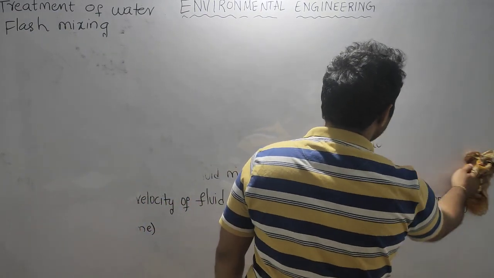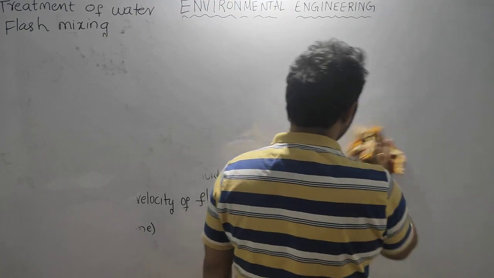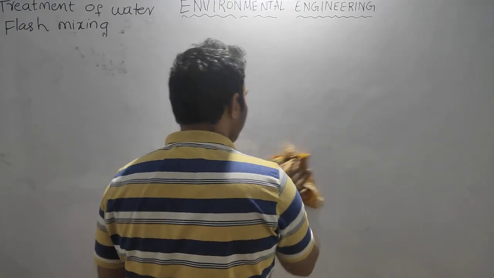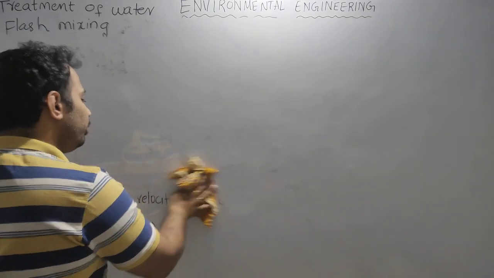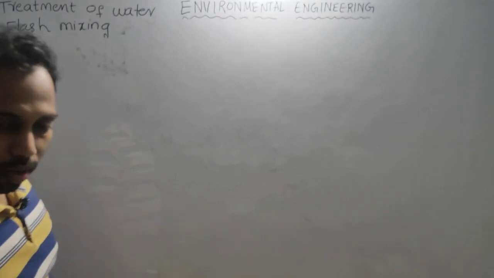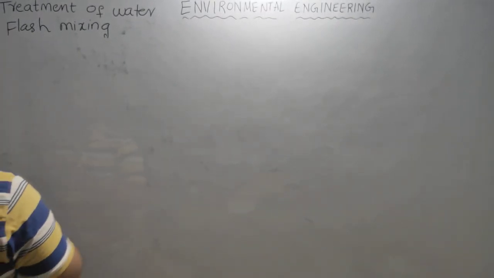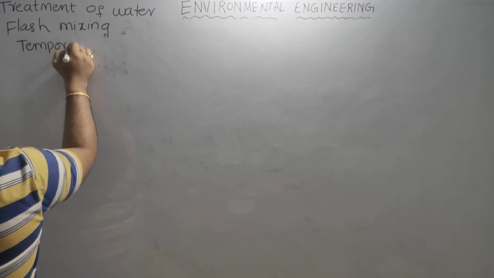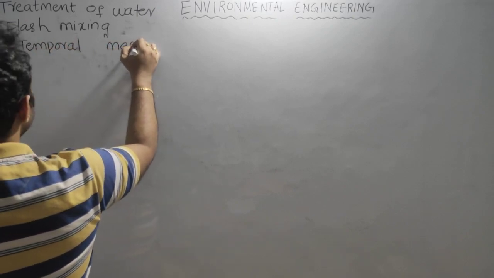Whether you are making the mixing intensity greater or smaller, all those things we can vary by just changing a parameter called temporal mean velocity gradient. Let us see what is temporal mean velocity gradient.